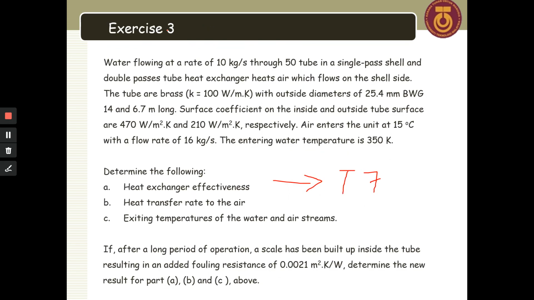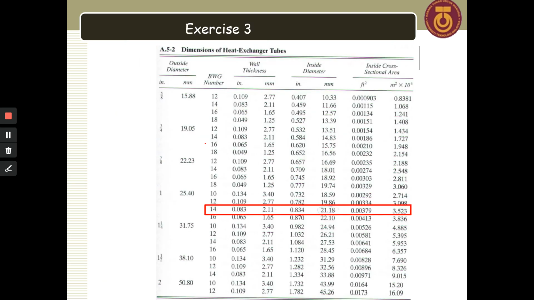For exercise 3, you have a different BWG tube. Here is the tube with 25 mm outside diameter, and it is BWG 14. From this table, it should be this one.